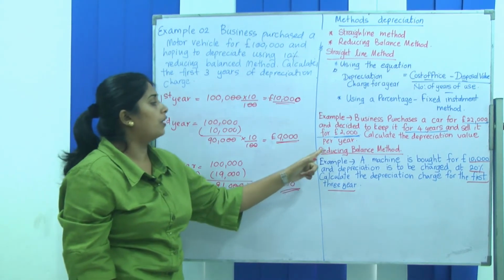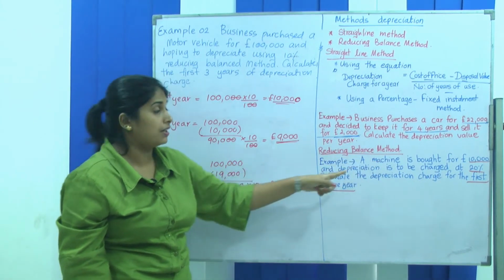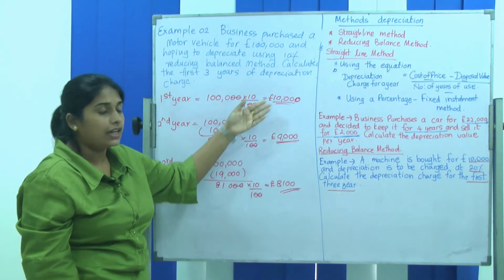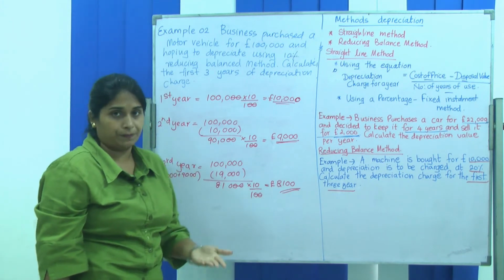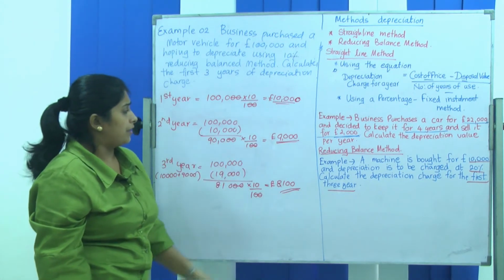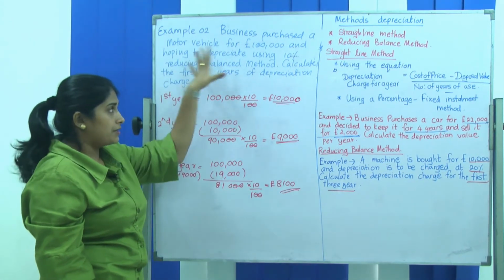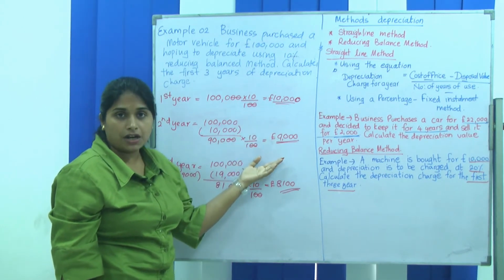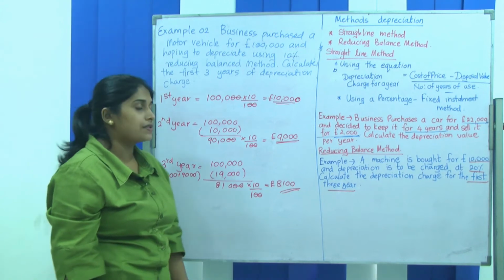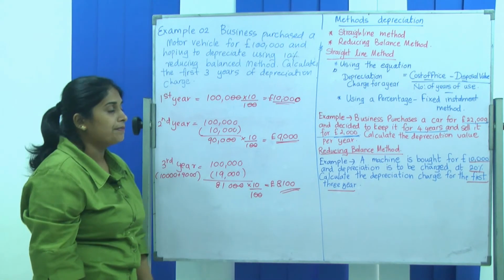That's why it's called the reducing balance method, because it reduces annually until it becomes nil. Nil means zero. So when the business is using the reducing balance method, the depreciation charge for each year reduces annually until it becomes nil.